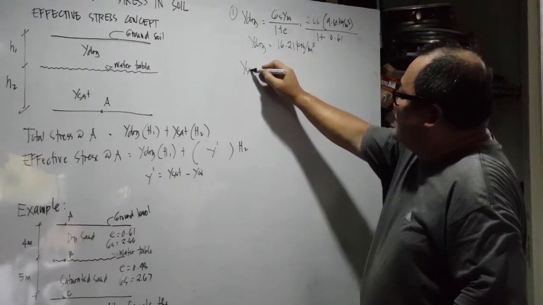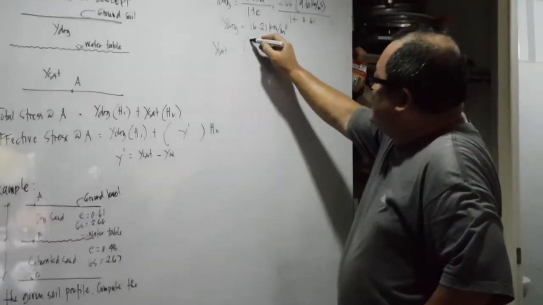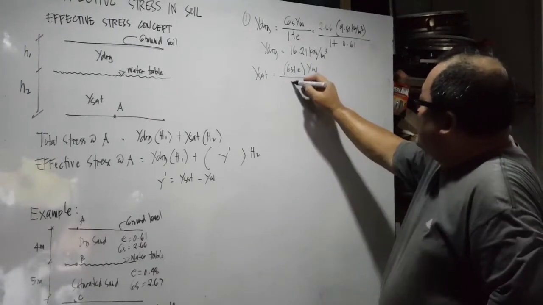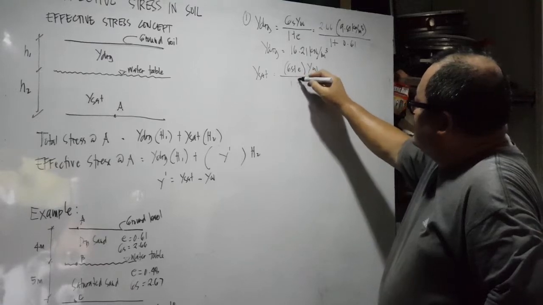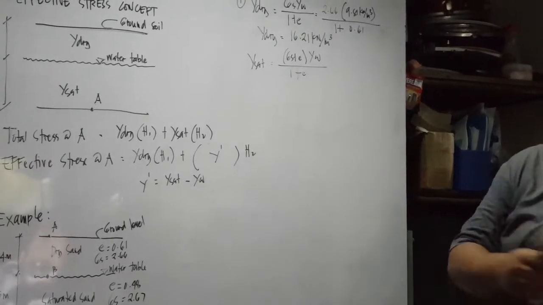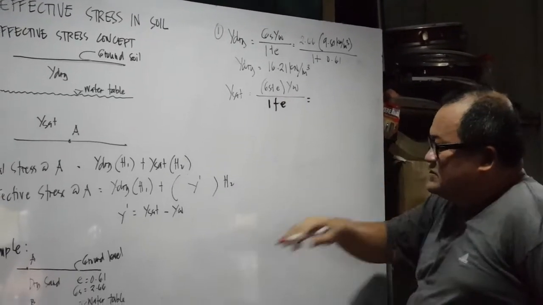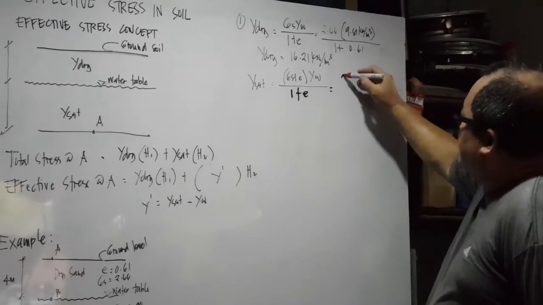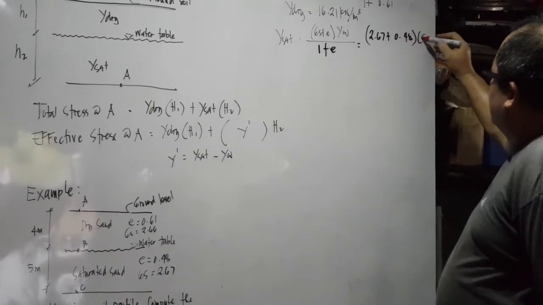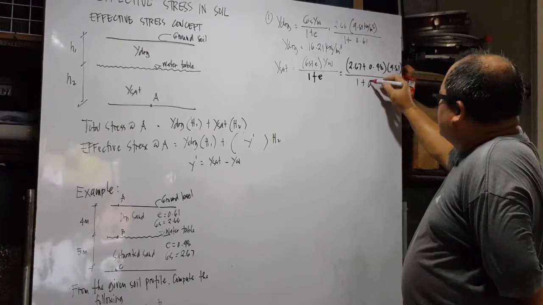For Y sat, meaning ang saturated, your Y sat is equal to GS plus E times YW over 1 plus E. So that is saturated GS 2.67 plus E mo nga 0.48 times YW 9.81, divided by 1 plus 0.48.